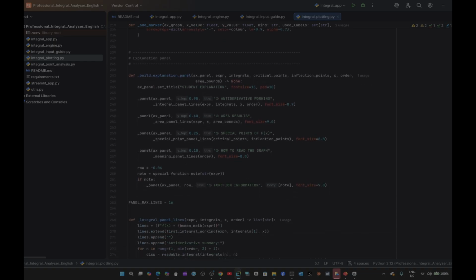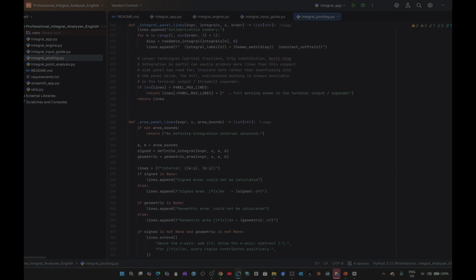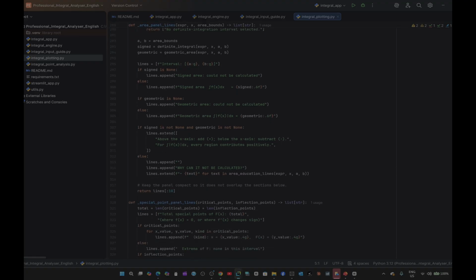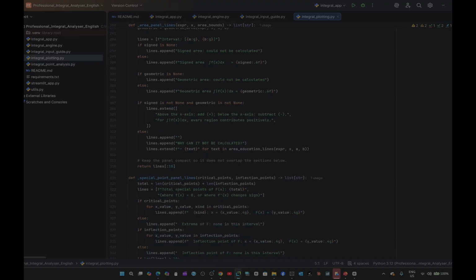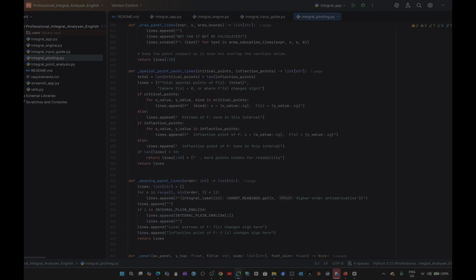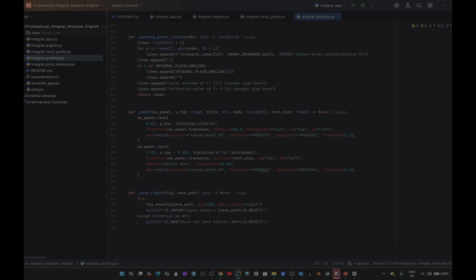So from plot now, you see it's still quite long. There's the integral part, the panel, how to draw and so on. The area, you have to highlight the area. The specific points on the panel, your critical point, your inflection point, and so on. These points are drawn and labelled for you. All right, meaning panel explaining, right? This is the internal plotting.